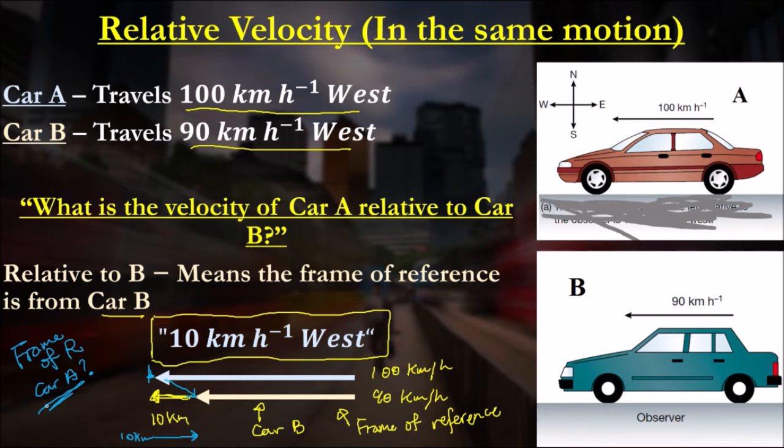So in this case, car A's perspective would see car B moving at 10 kilometers per hour east. It sounds weird because we know that if I'm a stationary observer, car B is moving in exactly the same direction as car A, but that's not the perspective of what car A sees, because they're looking backwards to the position of car B. So car B would always look like it's going away from it or behind it. And so that's how we look into that.